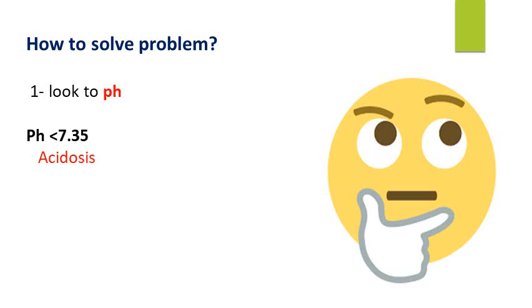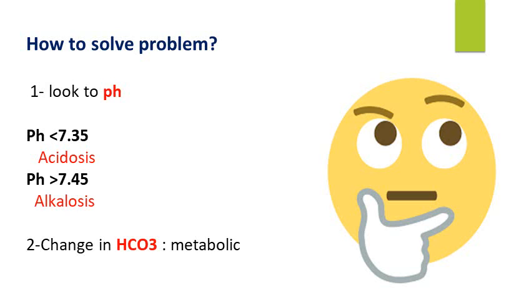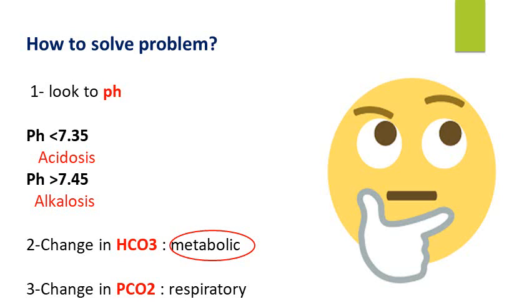If the pH is less than 7.35, this means acidosis. If the pH is more than 7.45, this means alkalosis. Then look at changes in bicarbonate. Any change in bicarbonate level means that this is a metabolic problem. Any change in PCO2 level means that the problem is respiratory.